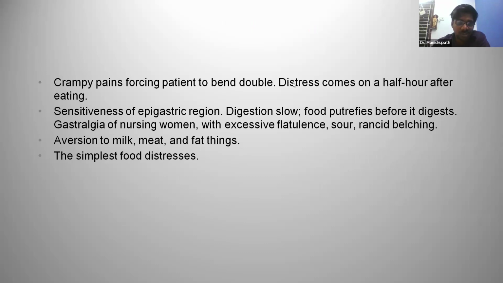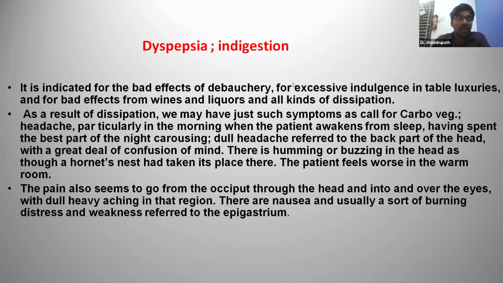Sensitive epigastrium region. Digestion is slow due to sluggishness. That's why there is aversion to milk, fat, meat, fatty things, because they cannot digest them. Sour belching, sour flatulence, you can see the simplest food distresses. Even a small amount of food they cannot take due to a heavy, bloated sensation in the stomach.